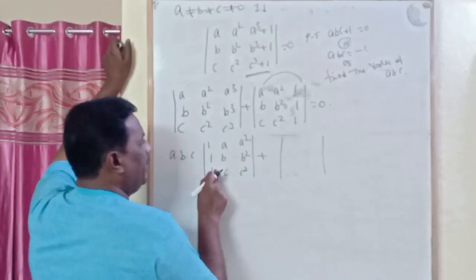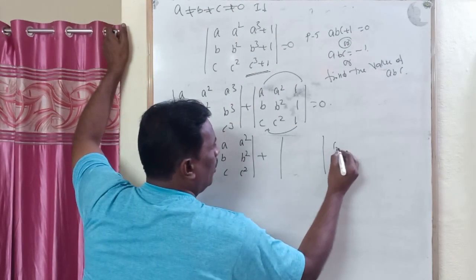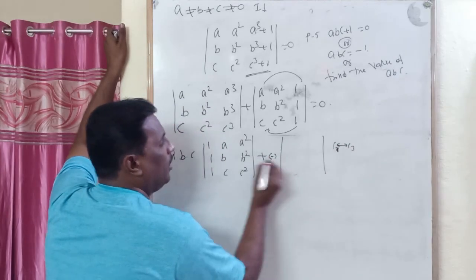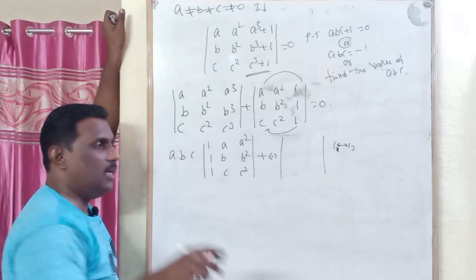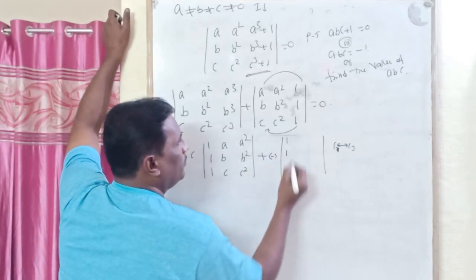For that I need 1 in the beginning. So interchanging 2 columns. 2 columns are interchanged. When two columns are interchanged, two rows are interchanged, then the determinant changes its sign, minus sign is going to come.